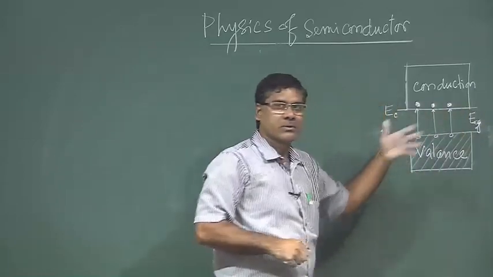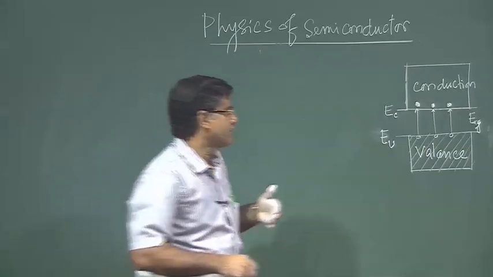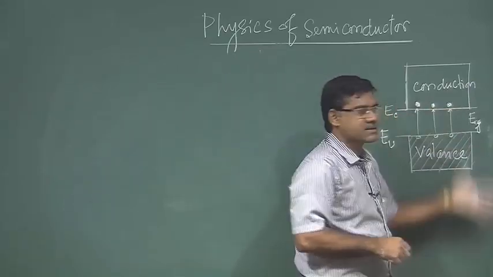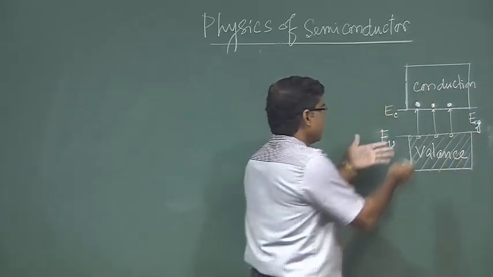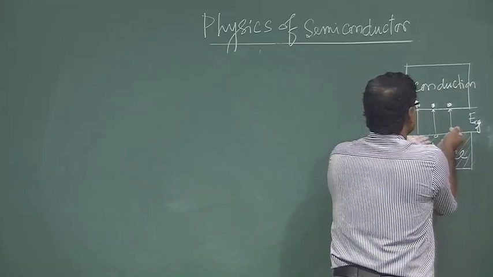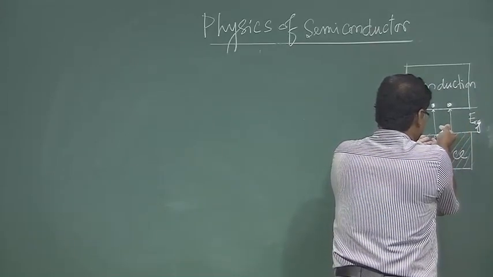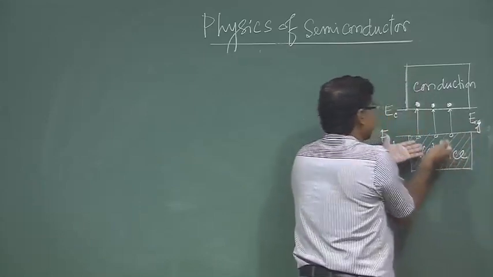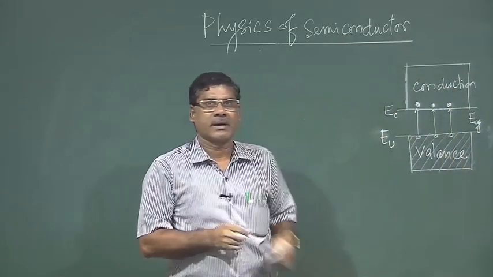okay, due to applying thermal energy, due to increasing the temperature of this semiconductor. Okay. Then some electrons from the upper edge of this valence band will go to the lower edge of the conduction band, right.